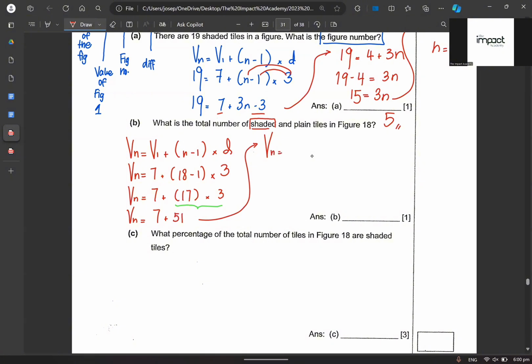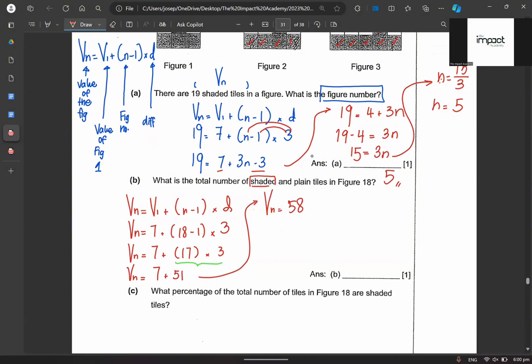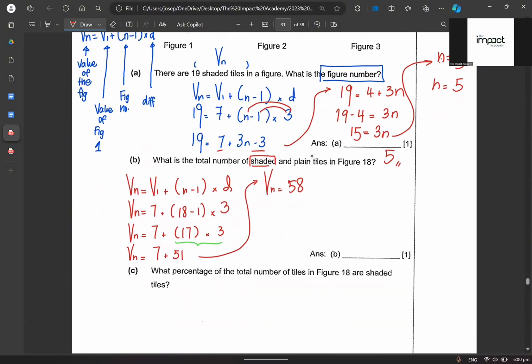Vn equals 7 plus 51, that gives me 58. Am I making sense? So this is 58 shaded tiles. True or no? Okay, so that is the first part that you want to get to.